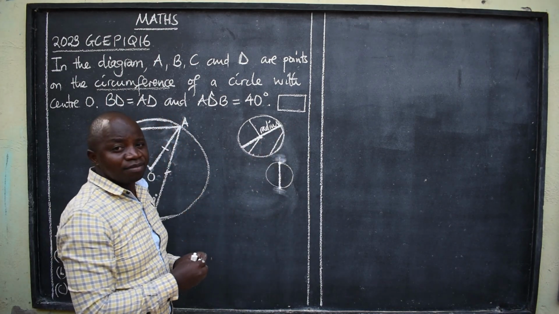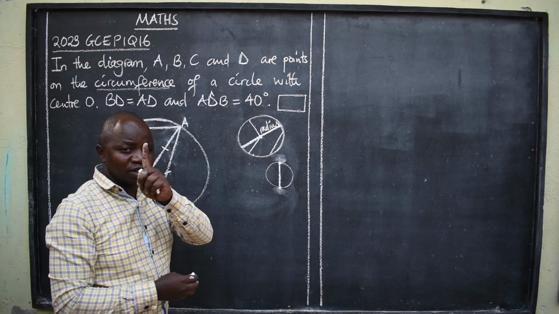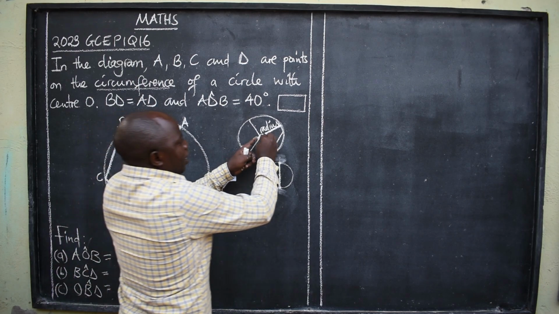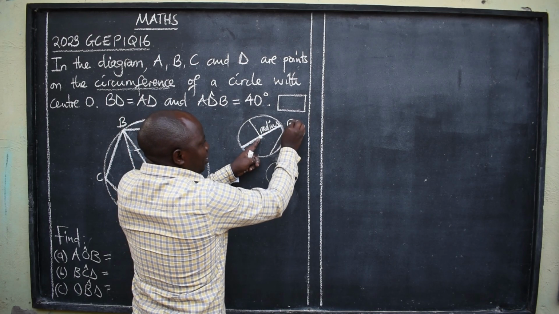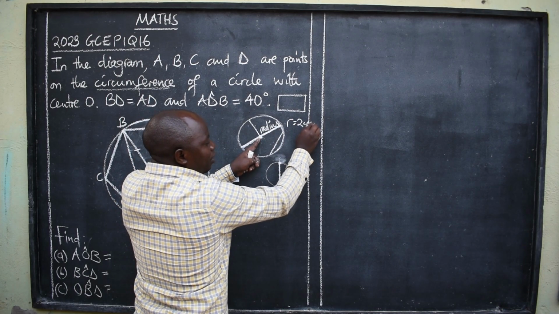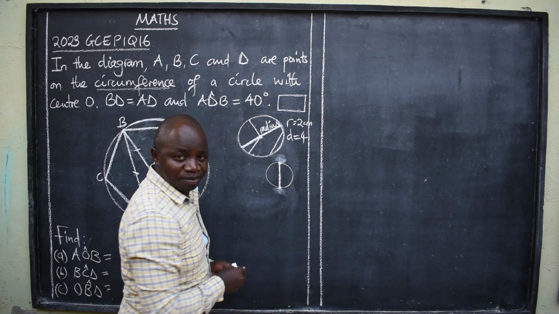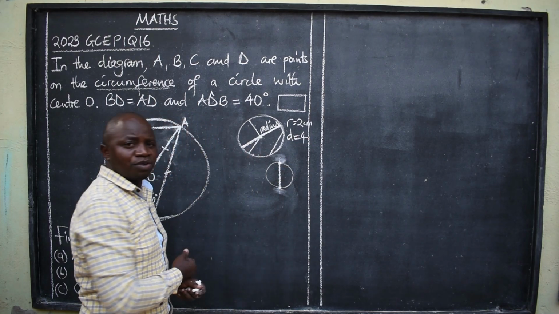So this is the diameter. In short, we are saying 2 radii makes 1 diameter. So if the radius is 2 centimeters, what will be the diameter? 4 centimeters. That is what you need to know.